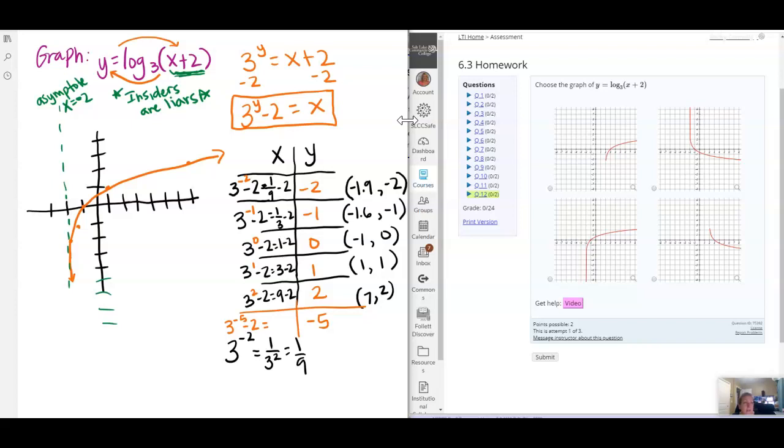Yeah. You'll see that later on, those of you that go on to 1050 will be shown that way. But I always do it this way. I think it's so much easier.